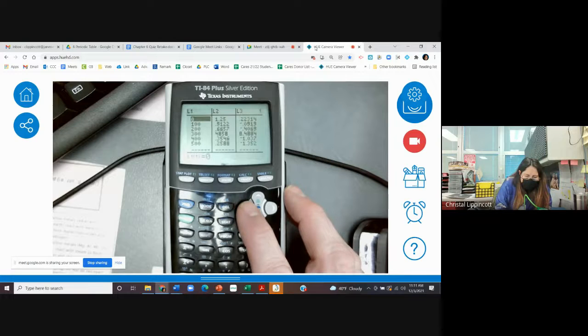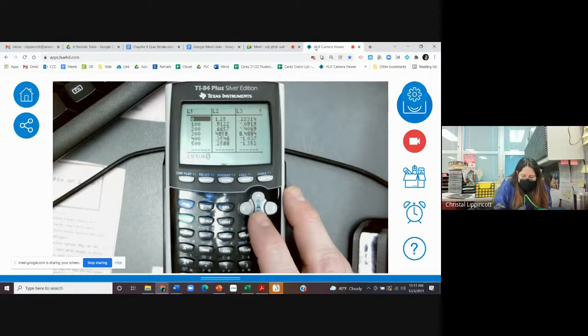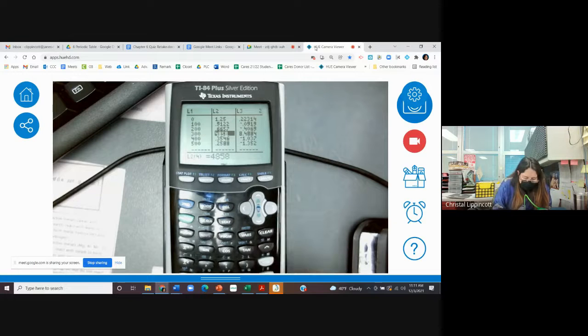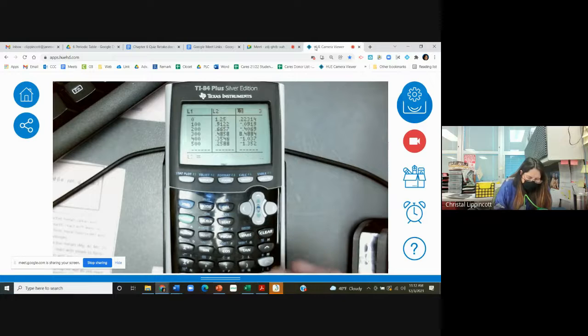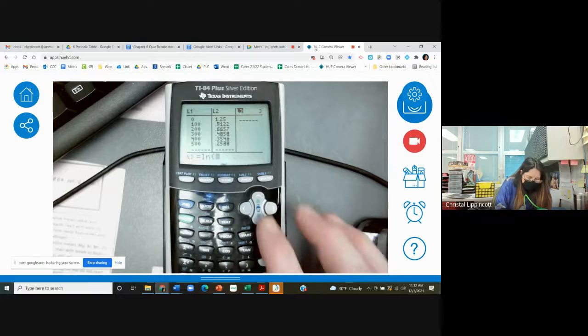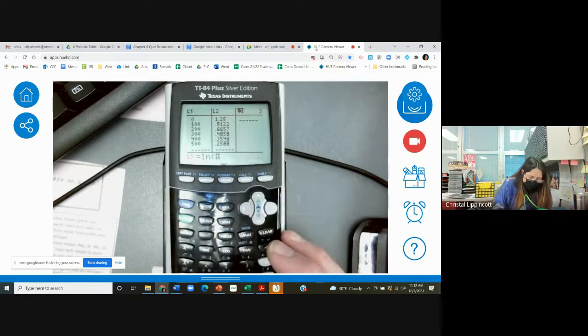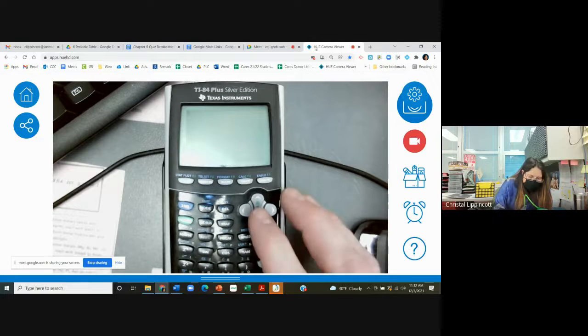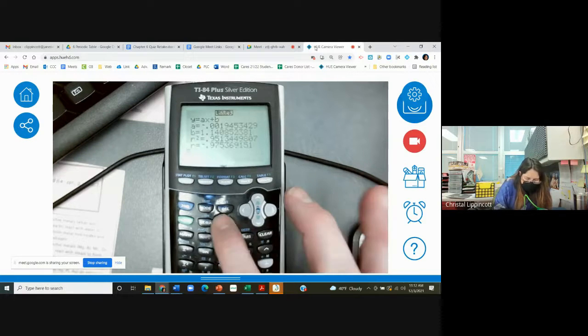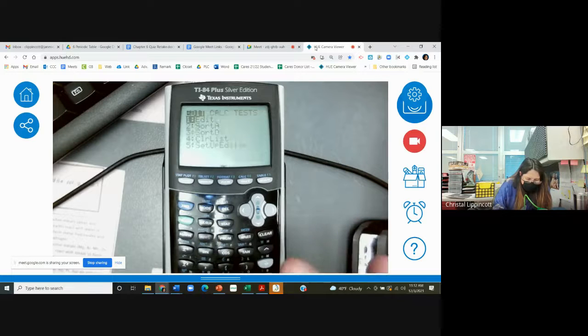I have 0.951. Yeah, I have 0.95. Oh, right here. You have to go over to L3 and figure it out. She had it. No, I know, but why does everyone else have a different one? Go like this. What do you have for your R value?